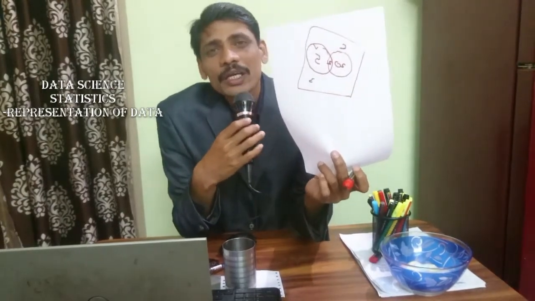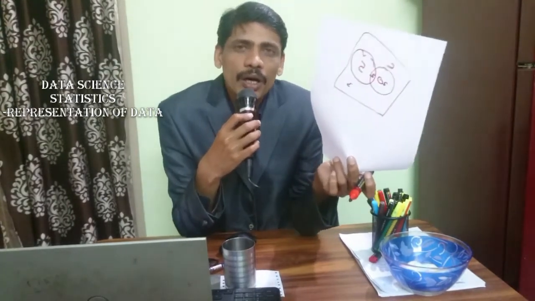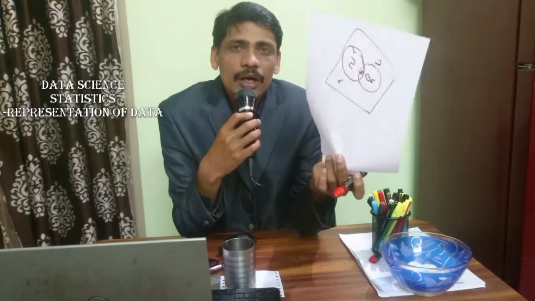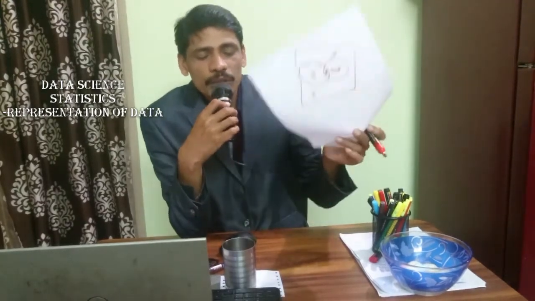Let's see how we can convert this Venn diagram into a two-way table format. That will give more interpretations. We can take more interpretation out of that two-way table.